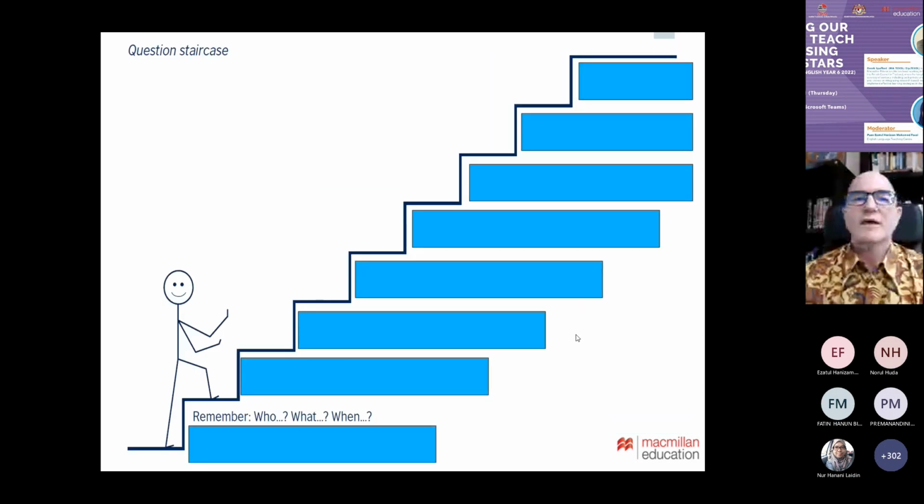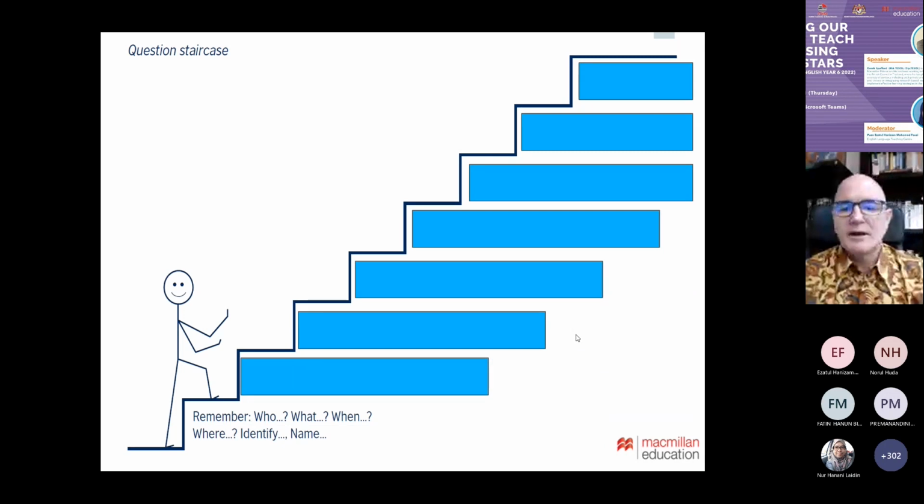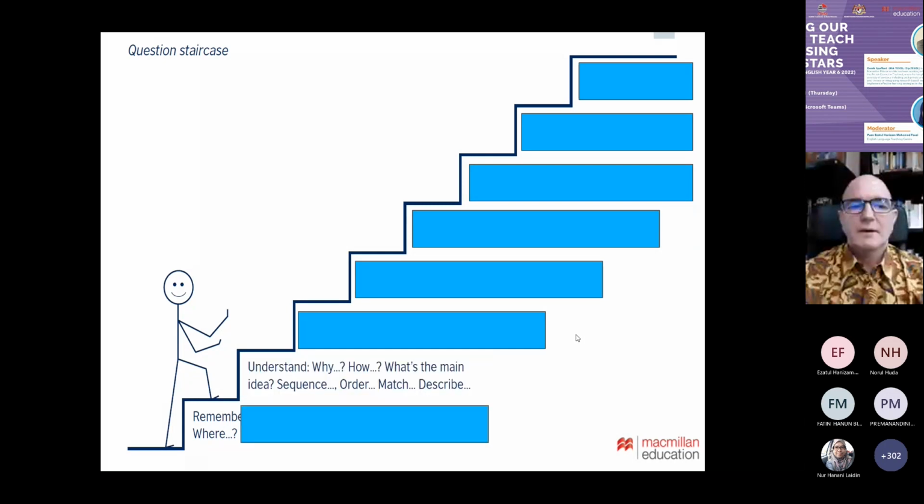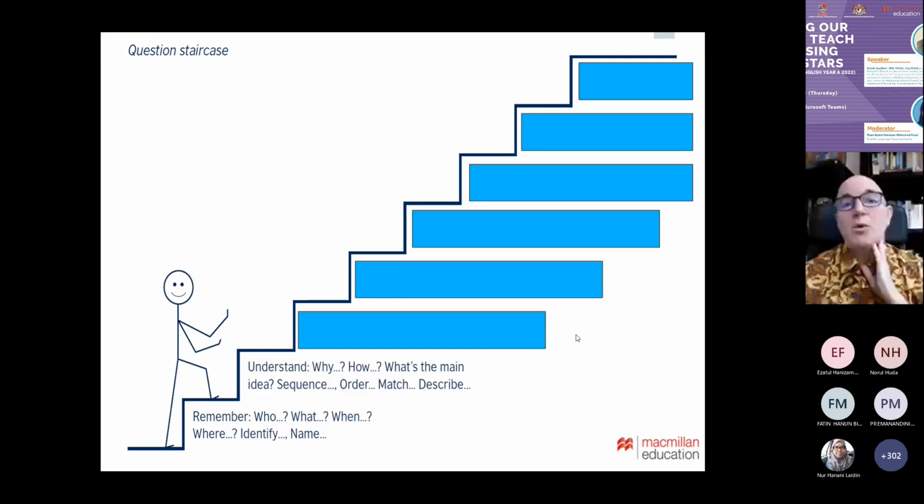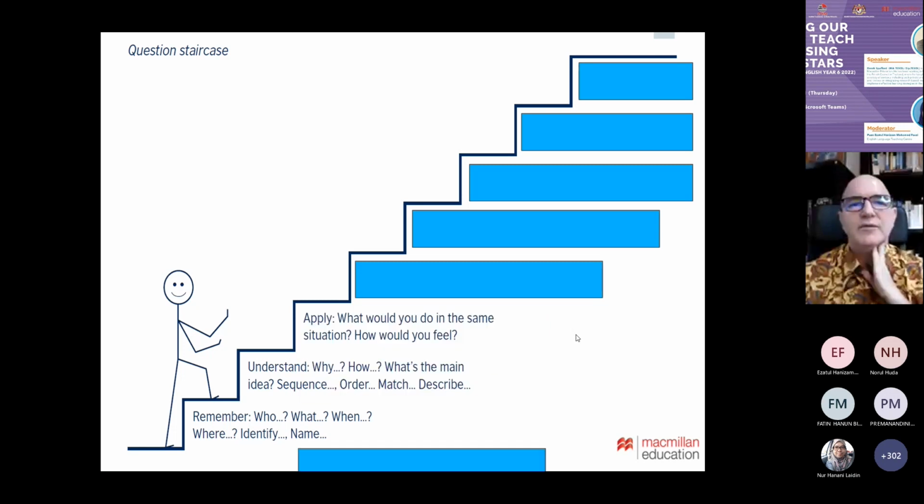Now, in each step of the staircase, we have remember, and here we have some ideas for question words that you can use to elicit some remember skills. Then we move through. So understand is more why or how or what's the idea? Can you sequence? Applying, what would you do in this situation? How would you feel?